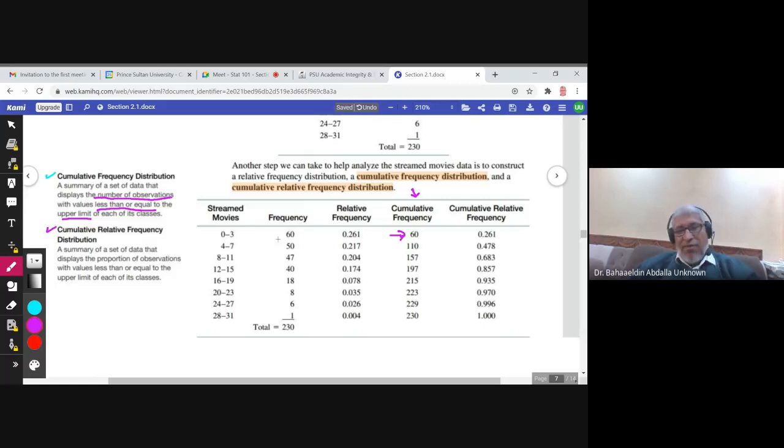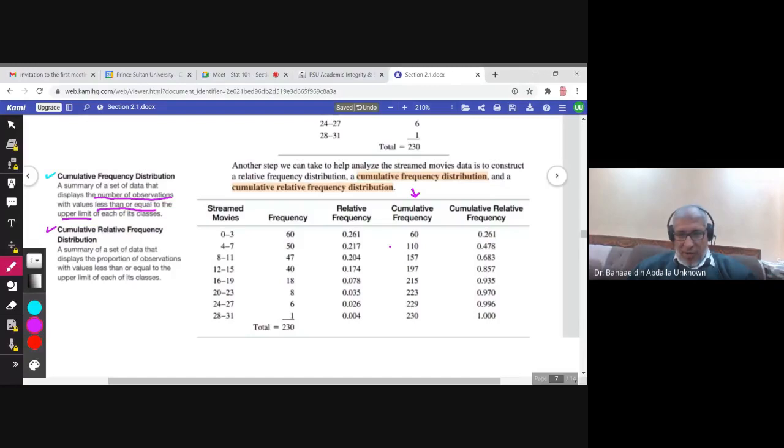Between 0 and 3, we have 60. So all the 60 would be less than or equal to 3, for sure. So we will have here 60 numbers. So always, the first number in the frequency would be the first number in the cumulative frequency.